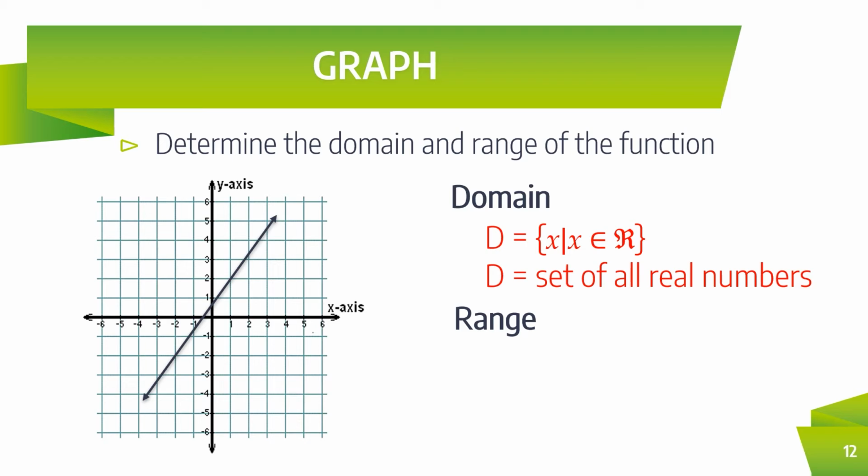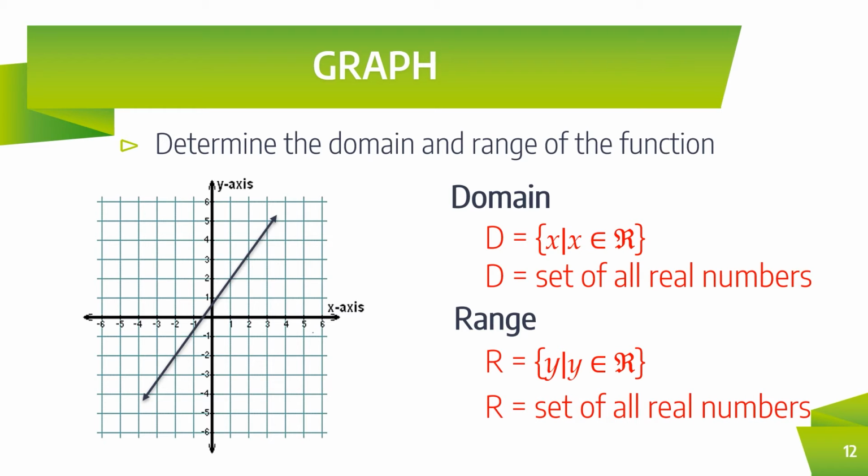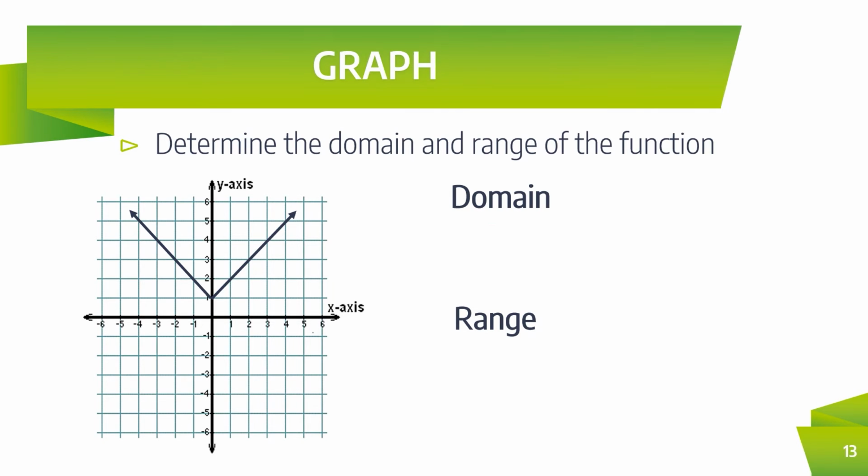Similarly, it extends upward and downward without bound. So the range is the set of y such that y is an element of real numbers, or simply the set of all real numbers.